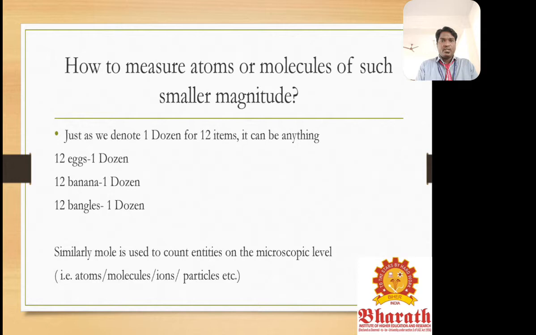Just as we denote 1 dozen for 12 items, it can be anything. For example, 12 eggs is 1 dozen, 12 bananas is 1 dozen, 12 bangles is 1 dozen. Similarly, mole is used to count entities on the macroscopic level, for example atoms, molecules, ions, particles, etc.